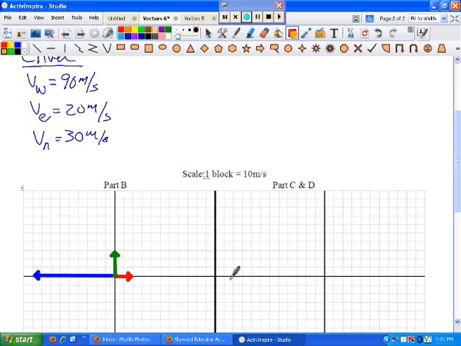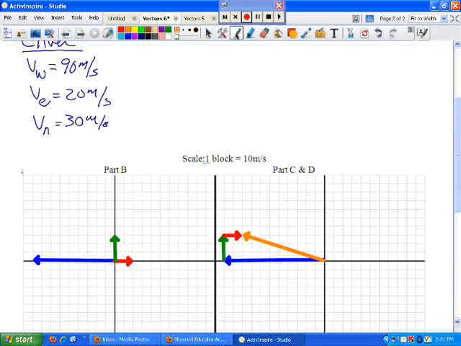Again, we're using a scale of 10 meters per second is equal to 1 block. I then use the tip-to-tail method to add my vectors from the origin out to the end of all three vectors. I then draw the resultant vector from the origin to the tip of our final vector.